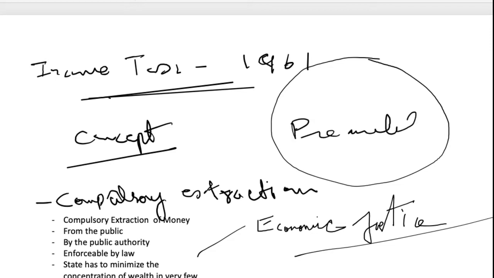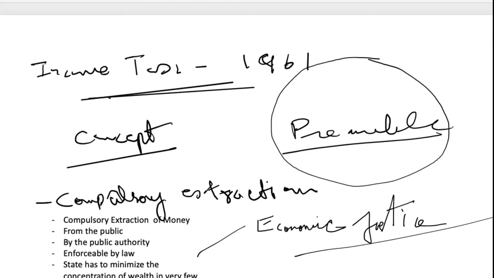In the preamble, we the people of India solemnly resolve to constitute a sovereign, socialist, democratic republic, and to give the citizen economic justice, faith, belief, everything.